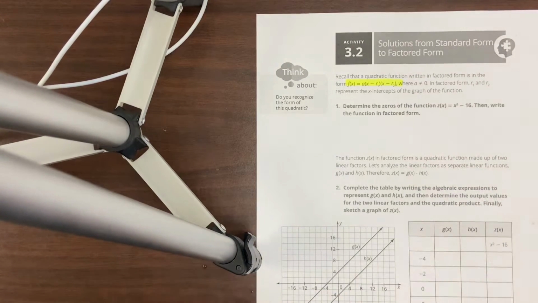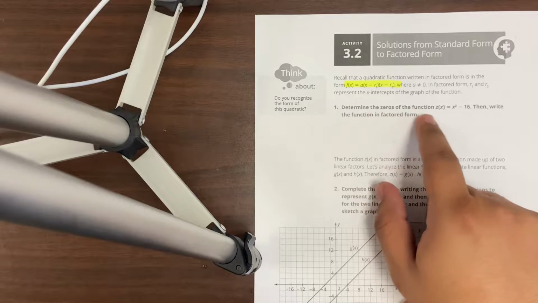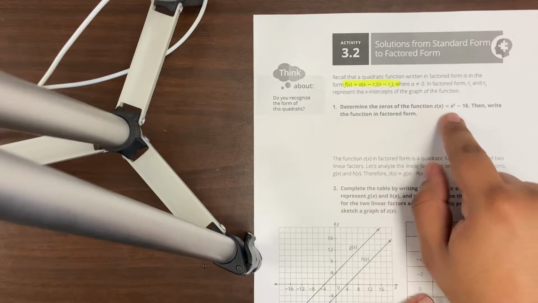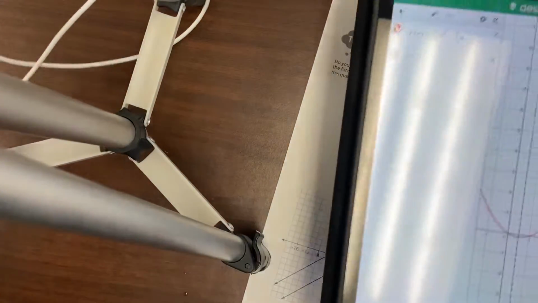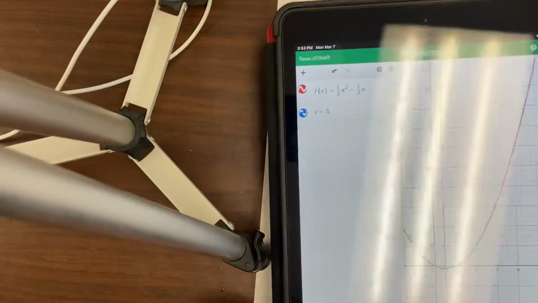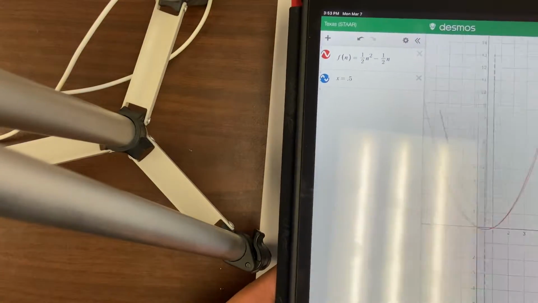So let's do it. Determine the zeros of the function z of x equals x squared minus 16, and then we write it in function form. So I'm gonna get my Desmos because I want to see the zeros of the function.